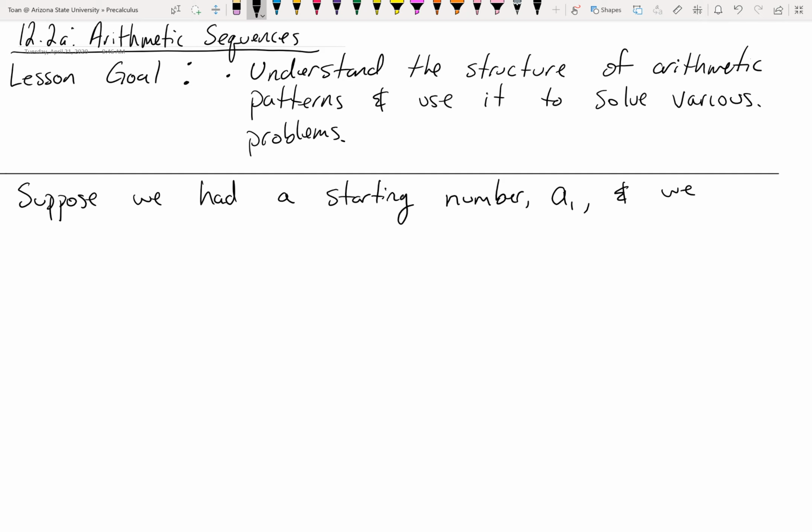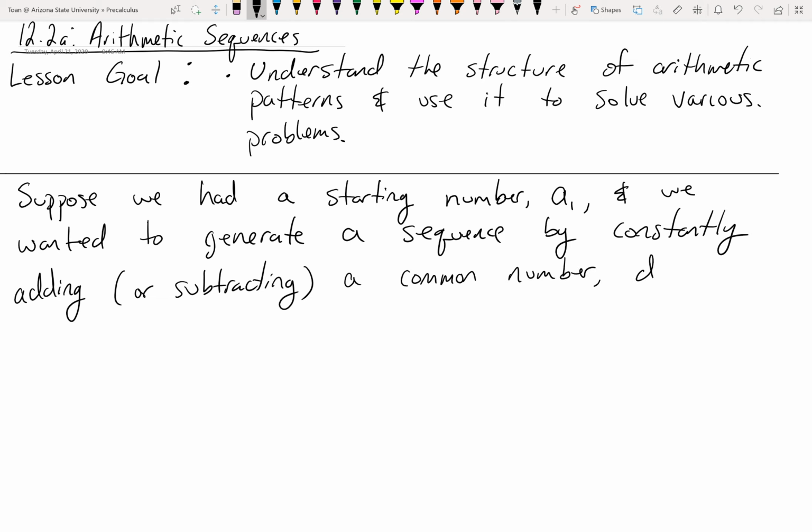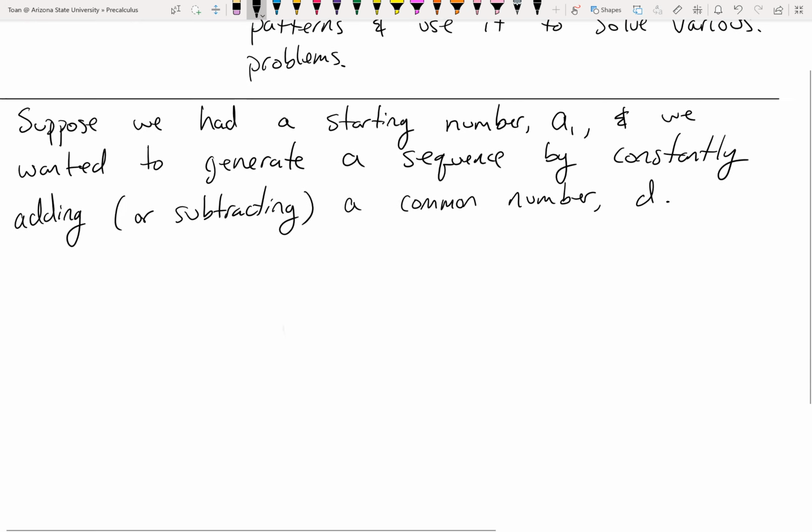And we wanted to generate a sequence by constantly adding, or subtracting in the case of negative numbers, a common number. Let's call it D for that number. So let's build this sequence.